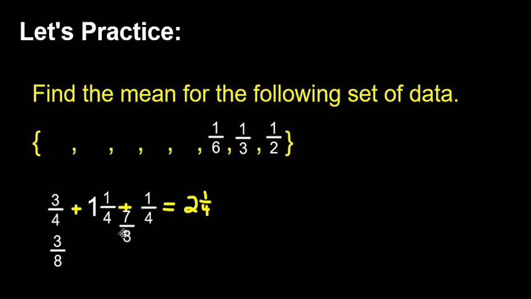So I have 3/8 and 7/8. And when I add these values together, remember you add the numerators and the denominator stays the same. So 7 plus 3 is 10. And when we convert this into a mixed number, we get 1 2/8, which is actually the same as 1 1/4.